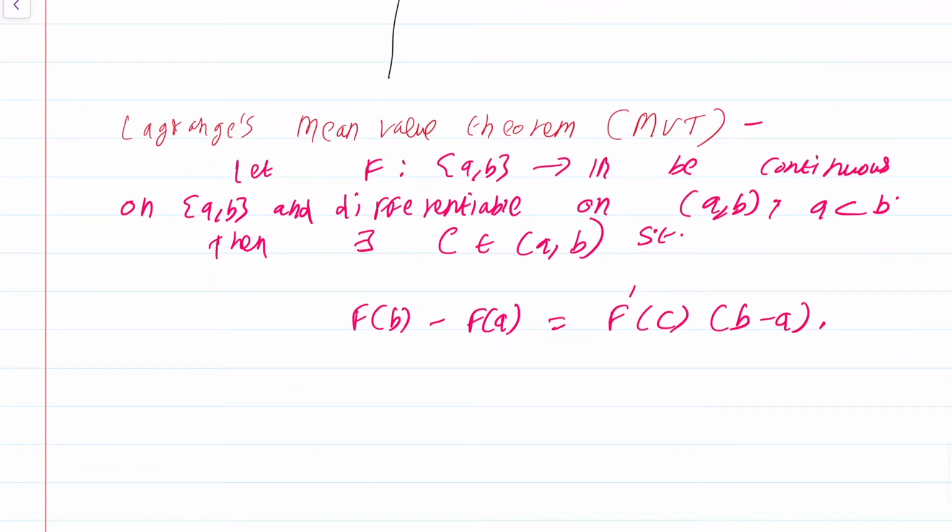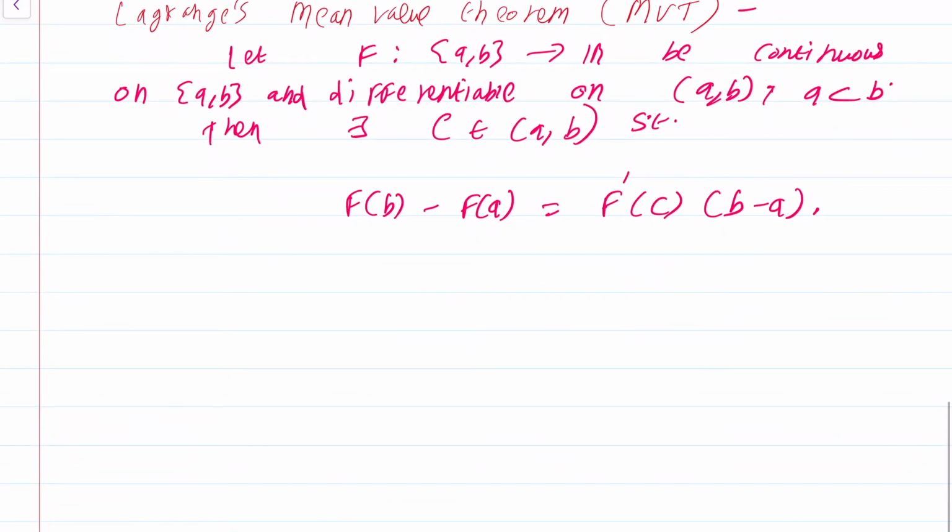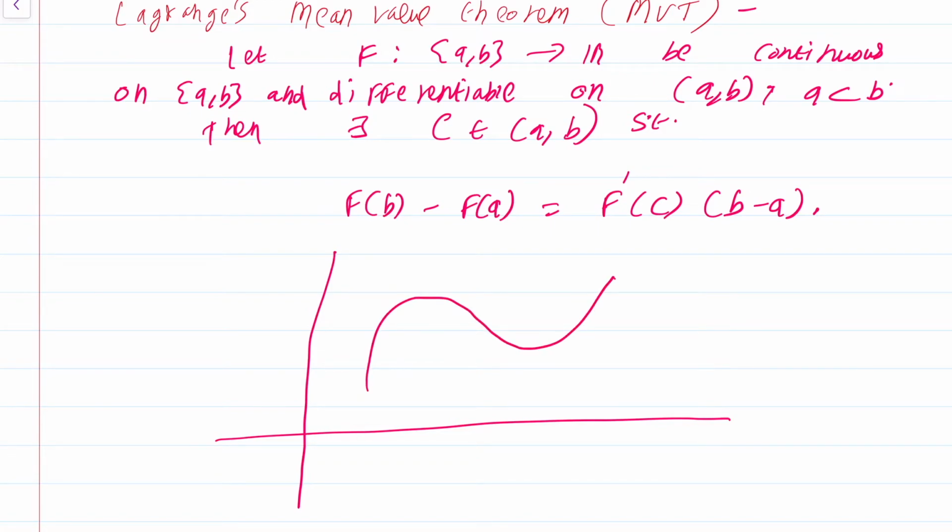Now this result might seem mystifying, and you can immediately dispel this mysticism by a simple picture. Suppose you have some function like this. If f of b equals f of a, the left hand side is 0.